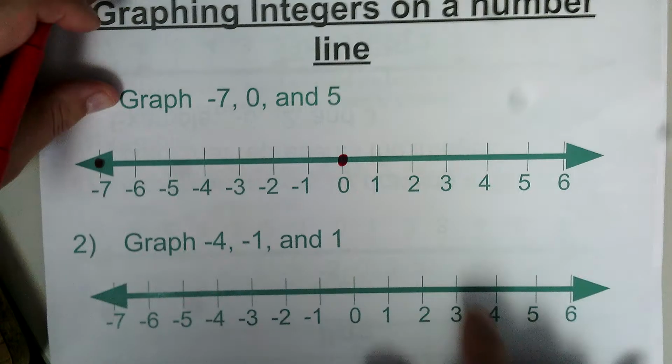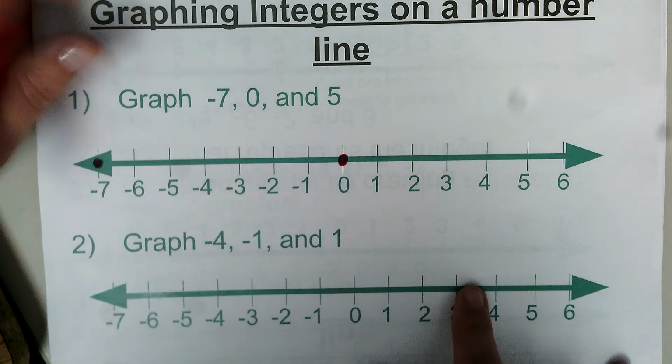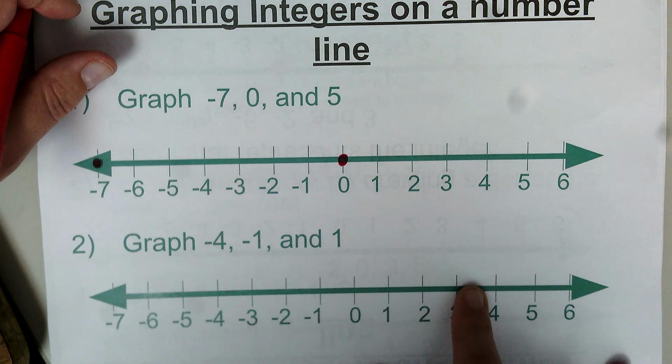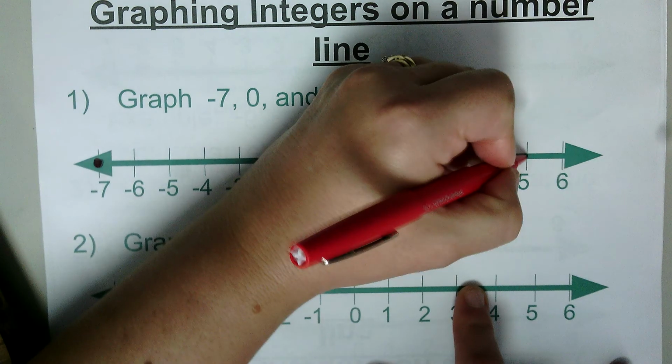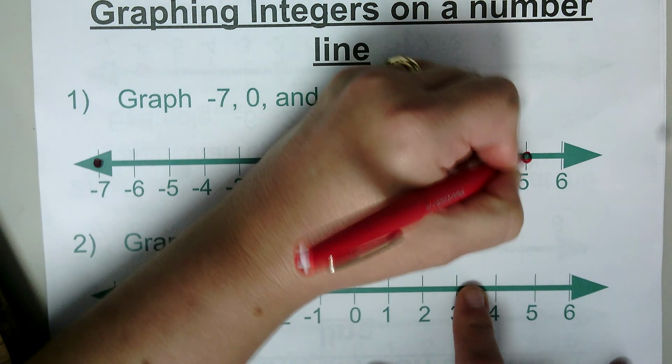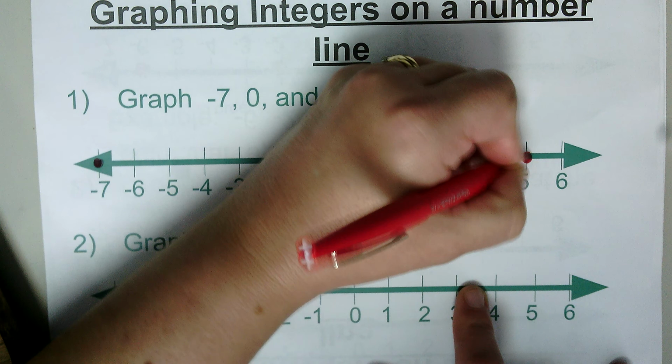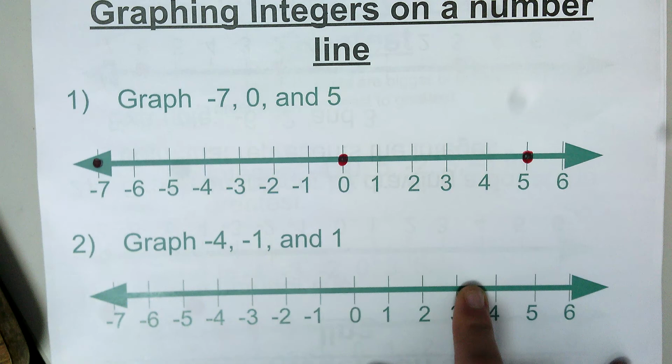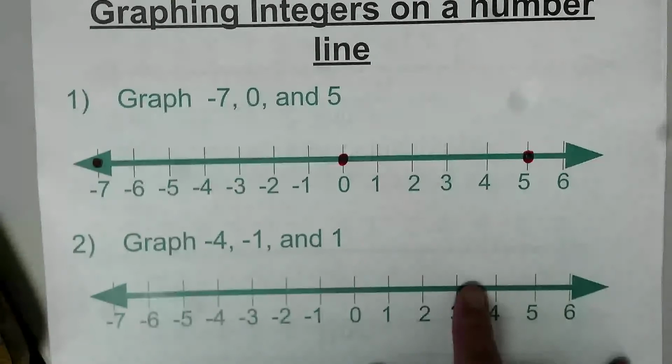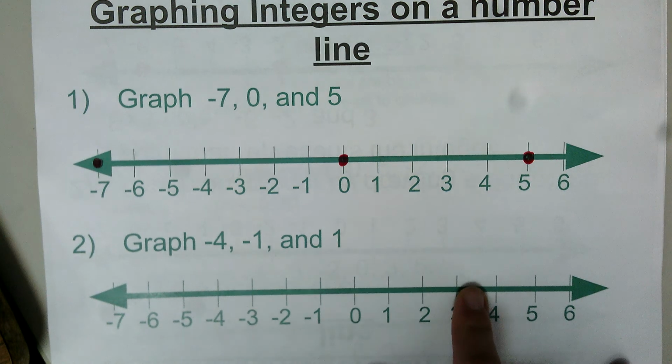All right. The next one, I'm going to graph 5. 5 is right here, a closed circle on 5. Okay, so that is graphing numbers on the number line, graphing integers.